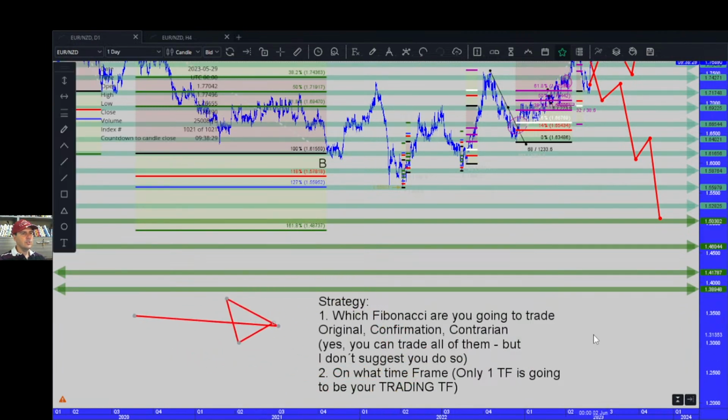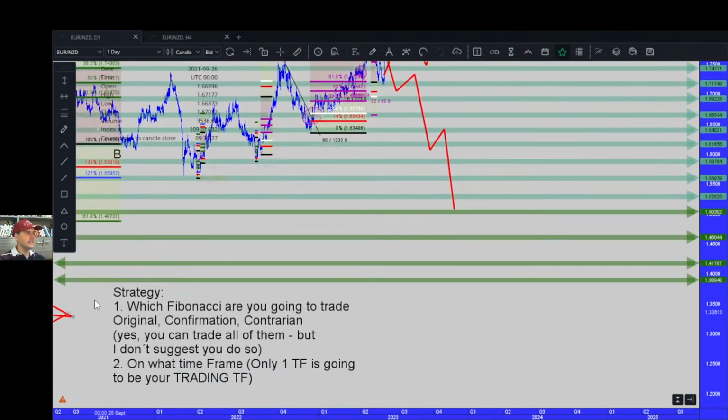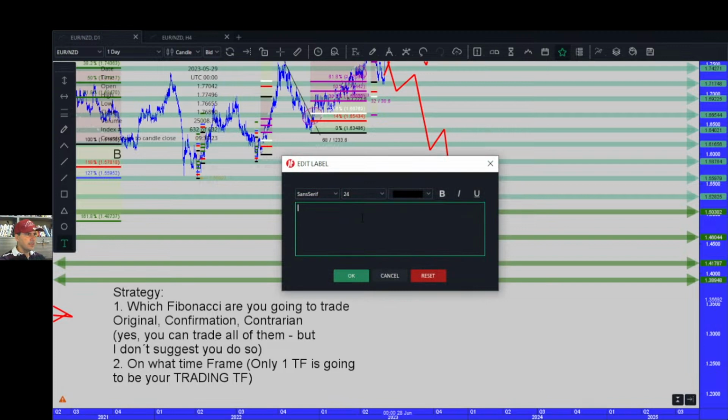Okay? So what would be an example of the strategy? Example. Okay, number one, I will trade only the original Fibonacci on the daily chart.